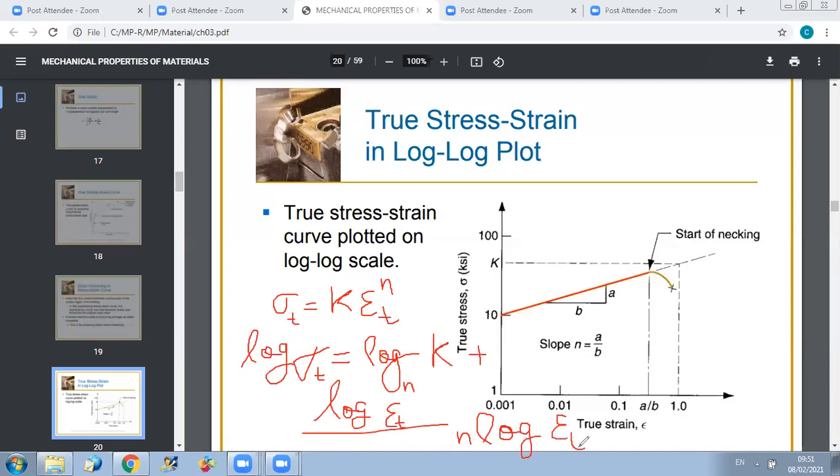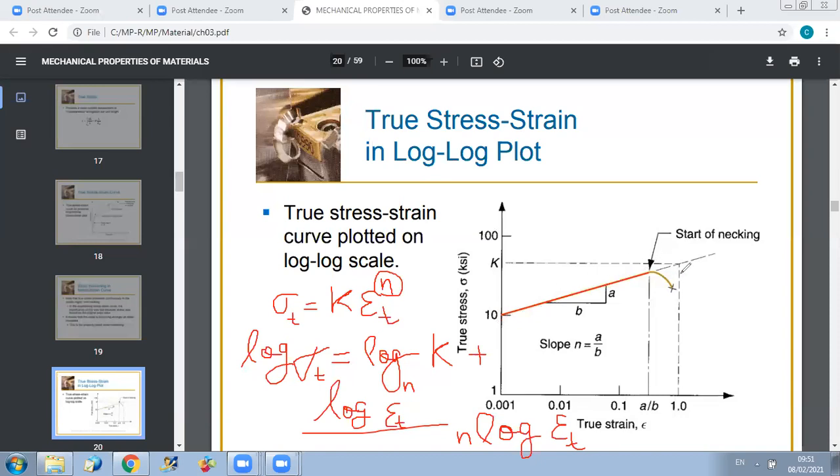This is why an easy way to determine K and n is to draw the different points on a log-log scale. I will have a linear variation. In this case, n, this coefficient, can be calculated as the slope of the linear part.